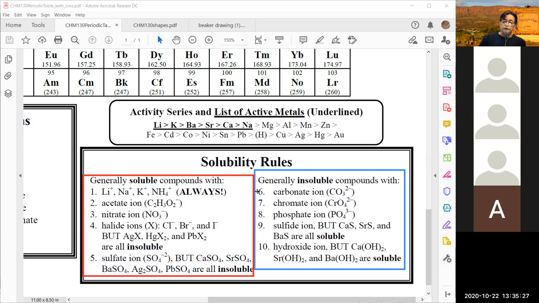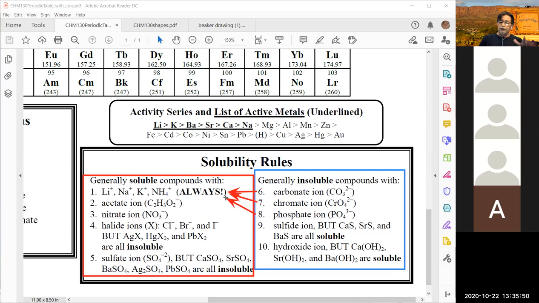If I have any of these 4 cations, lithium, sodium, potassium, ammonium bonded to carbonate, there's only 4 carbonates that are soluble. Everything else is insoluble. The same is true for the chromate ion and the phosphate ion.